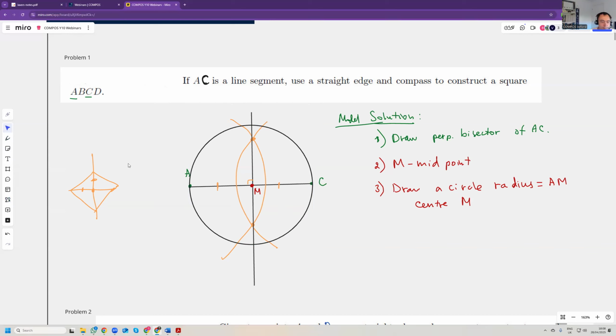Lovely. So these are new points. These are points B and D. And now join the lines.